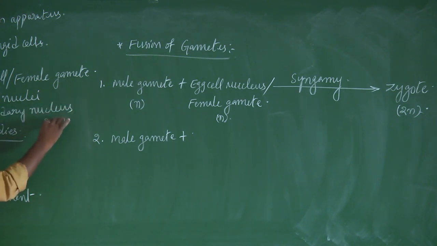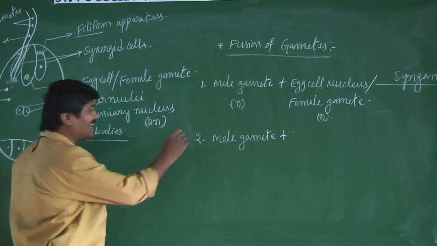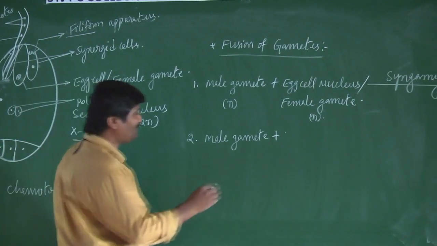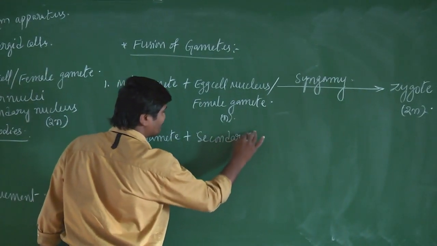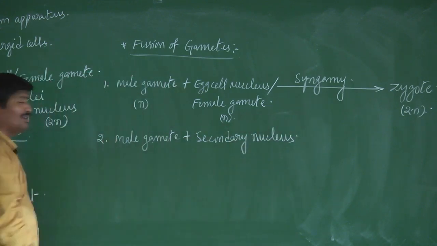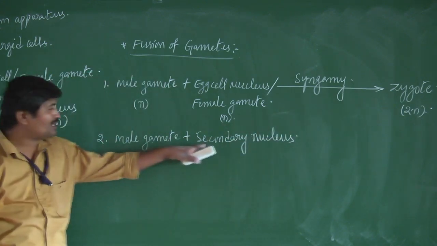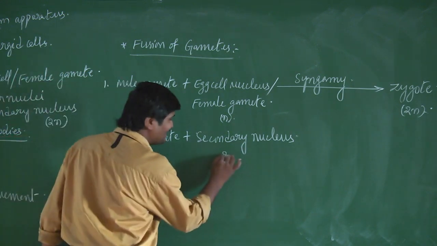This secondary nucleus contains two nuclei. That's why the other male gamete fuses with the secondary nucleus. The second male gamete fuses with the secondary nucleus. It is haploid, and it is diploid.